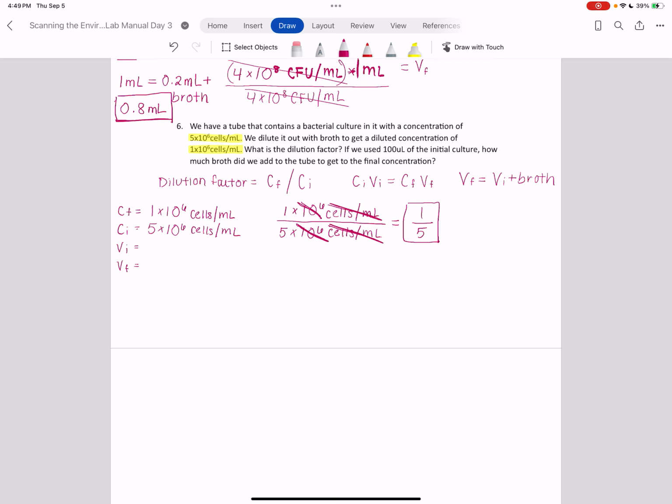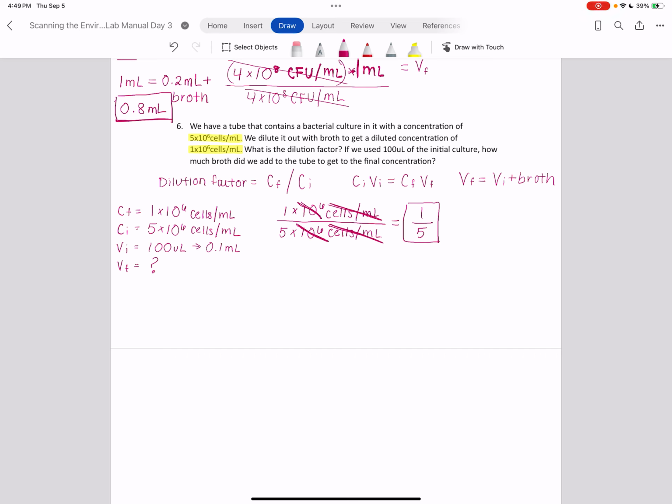And ultimately, what we'll need to solve for first is our final volume. That's not quite what the question is asking, but we are given the initial volume, which is going to be 100 microliters. But remember, microliters and milliliters aren't compatible, so we'll need to change this over to our 0.1 milliliters.